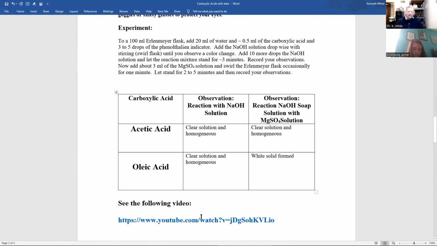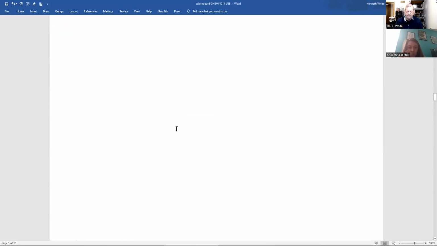Now, let me show you the chemistry involved. Oops. I promised I wouldn't do that shorthand. Since I've worked in carboxylic acids in the industrial world, we do shorthand.